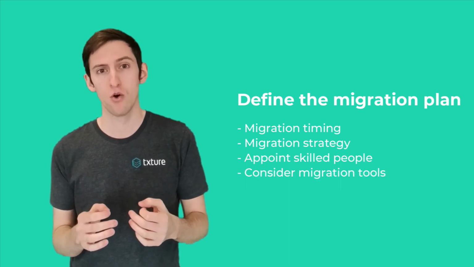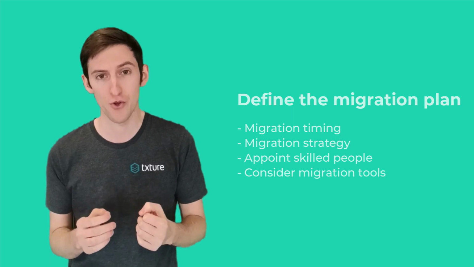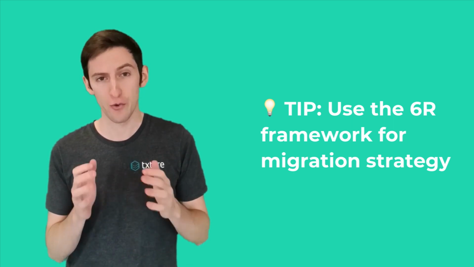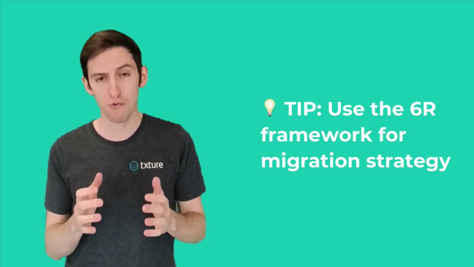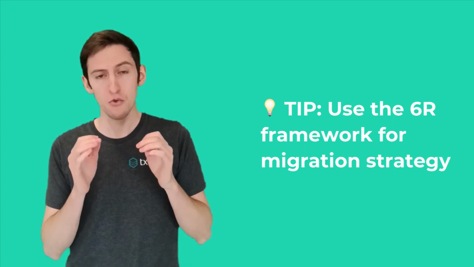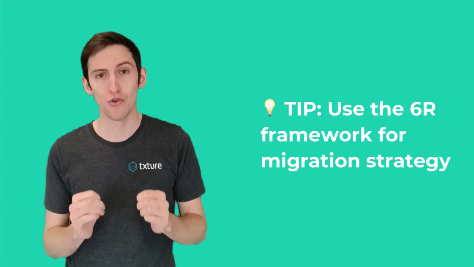And finally, which tools are needed for the migration? Our advice for choosing the best migration strategy is to use the 6R framework or an equivalent. It's a very powerful framework to help you define the best migration strategy depending on your goals and your application configuration.